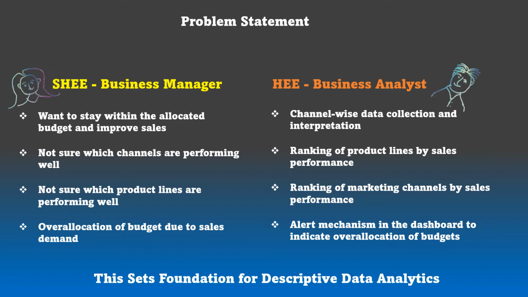This action sets tone for what we call as descriptive data analytics. In descriptive data analytics, we try and analyze the historical data to understand what is going on right and what is going on wrong.